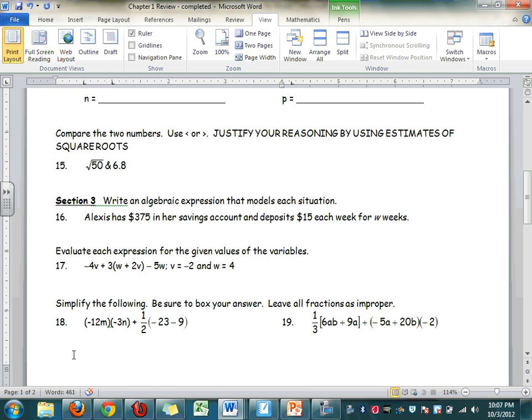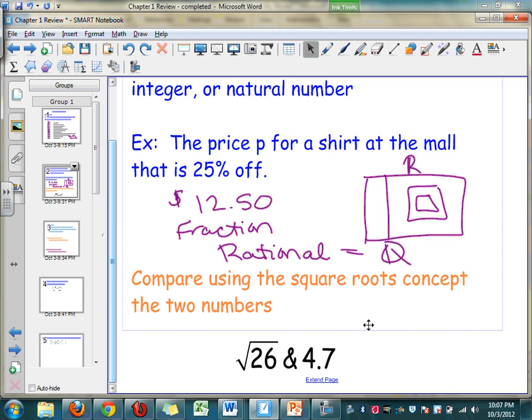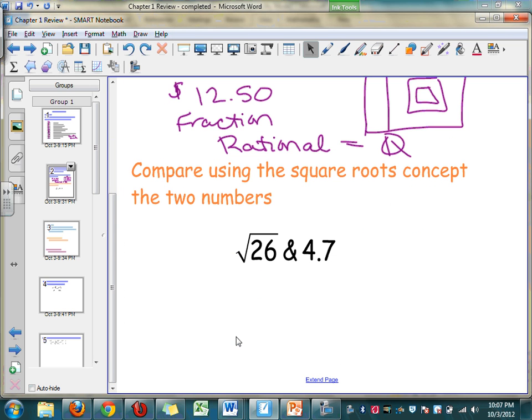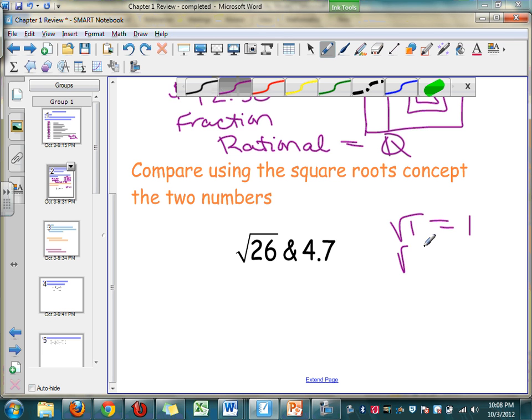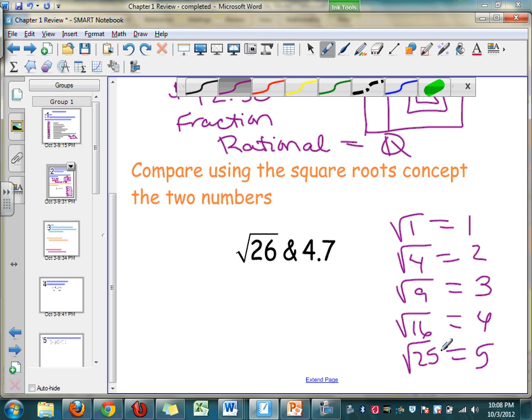So now going on to problem 15. Compare using the square root concept the two numbers. Now this is whenever I said you're going to have the square root of 1 is 1, the square root of 4 is 2, 3 is going to be the square root of 9, 4 is going to be the square root of 16, 5 is going to be the square root of 25.